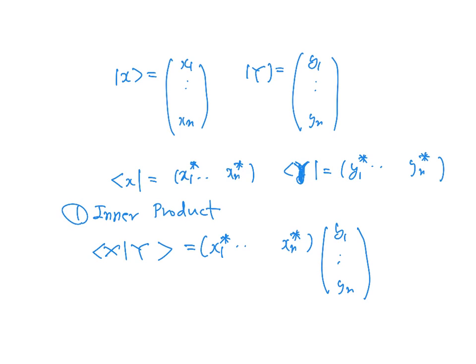They form a scalar, right? If you multiply a row by a column, what do you get? 1 by 1, right? This is a scalar. So the inner product is sometimes called the scalar product.